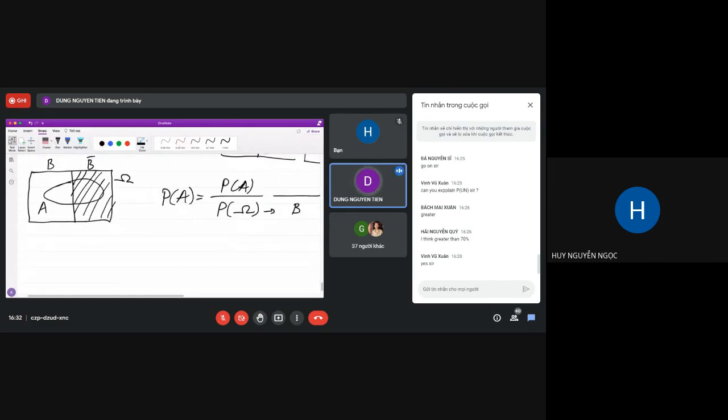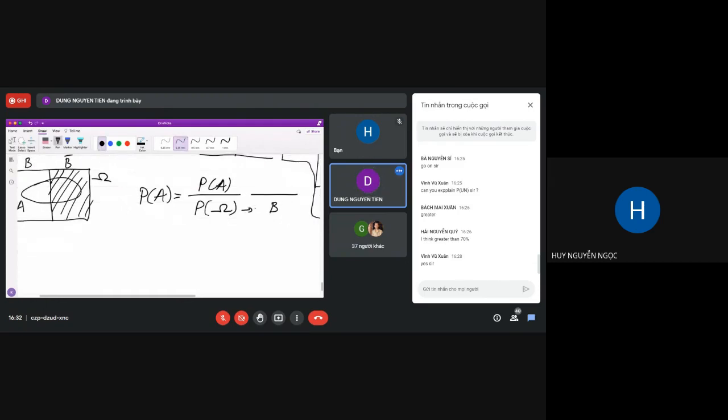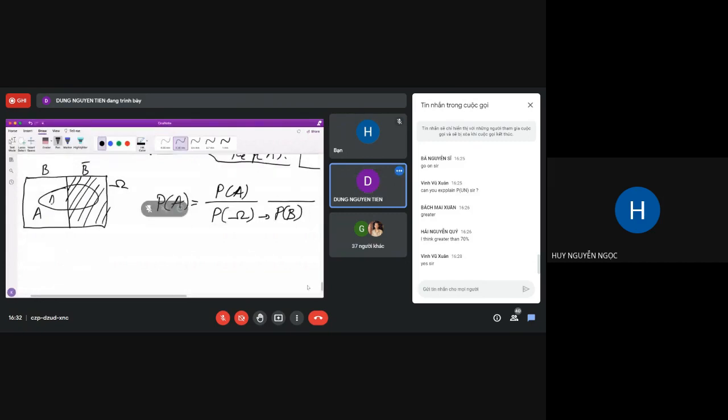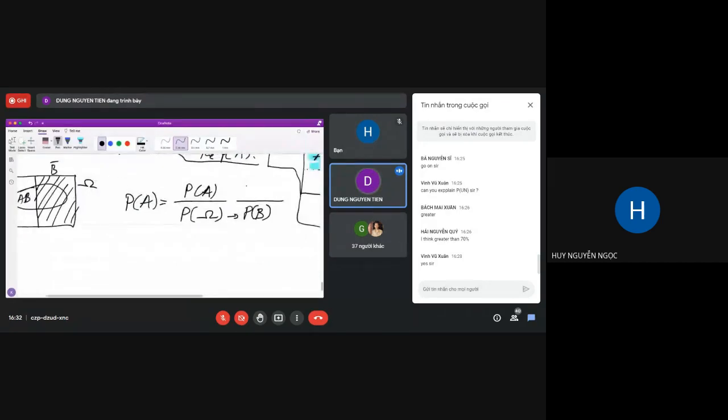B bar contains the elements which are not possible outcomes, so you should exclude all the elements of B bar from the set of all possible outcomes. That's why the set of all possible outcomes is B. Then omega becomes B, and the denominator becomes the probability of B. For A, you get AB, so the numerator becomes the probability of AB. And this is the definition of the conditional probability of A given B. Do you understand? Is that all clear?